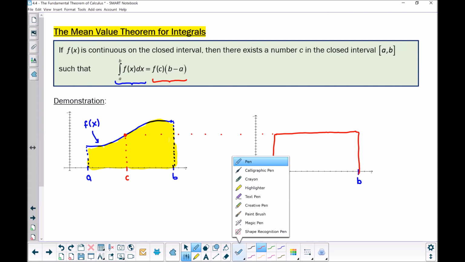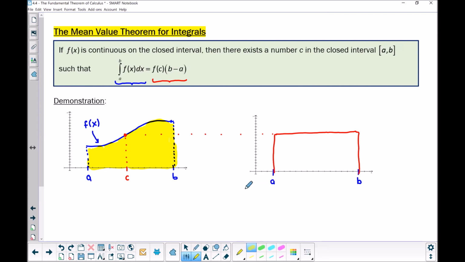I have a rectangle, good job, and I'm going to shade him in yellow. Why would I use yellow? Because I want you guys to know that these are the same value, that the area underneath the curvy thing on the left is the same as the area of this rectangular thing on the right.